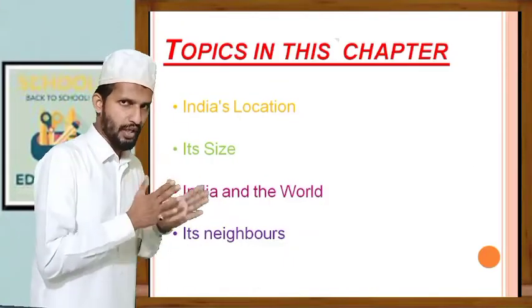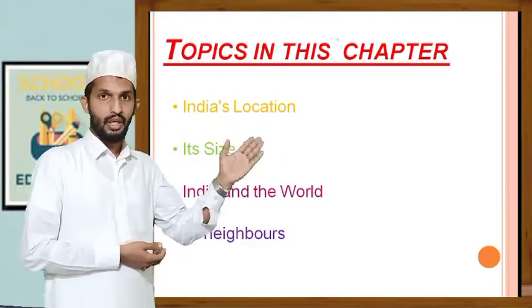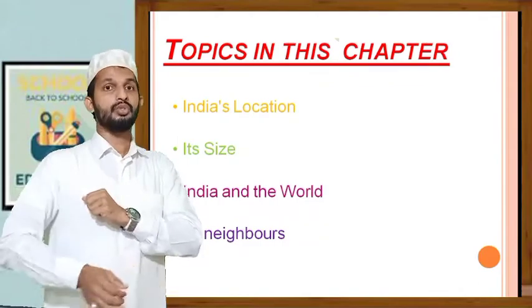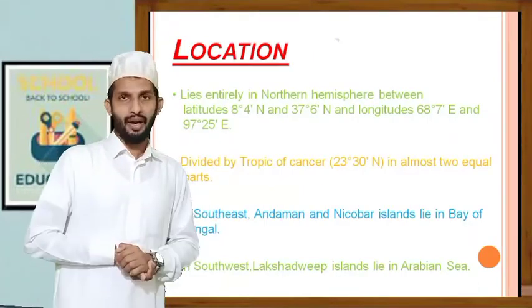So, the topics we are going to study in this chapter are India's location, its size, India and the world, and its neighbors. So, first of all, we can look at the location of India.